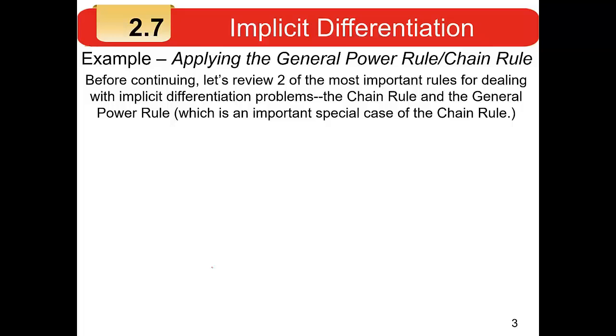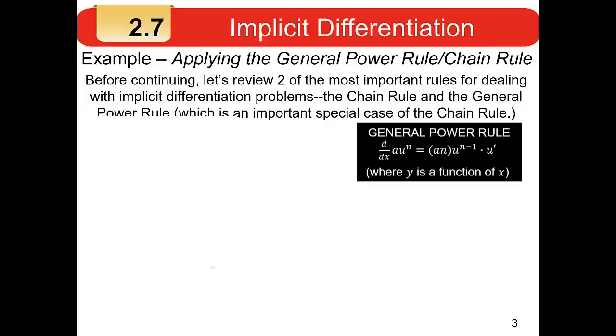We'll be using other rules too, product rule, maybe quotient rule, who knows. But the heart of implicit differentiation is the chain rule, and in practice for a lot of our problems, the special case called the general power rule. The general power rule, which again is a special case of the chain rule, but we use it so much, it's nice to have it written out explicitly.